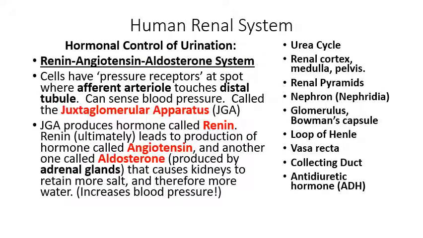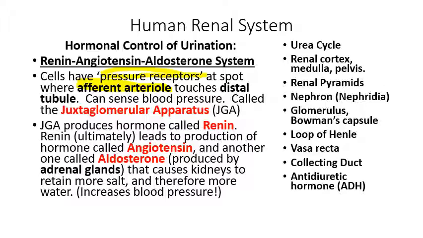All right, now there are certain cells that have the ability to sense the blood pressure directly, and these cells are located at a spot inside each nephron right by the afferent arteriole. Remember from the previous lectures that afferent means to go into. So right where the arteriole goes into Bowman's capsule, goes into the glomerulus, there are some little cells that are actually able to physically sense what the blood pressure is.